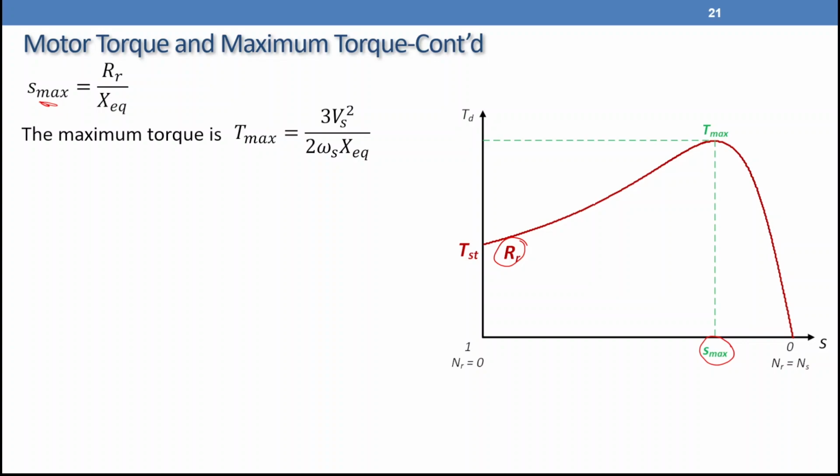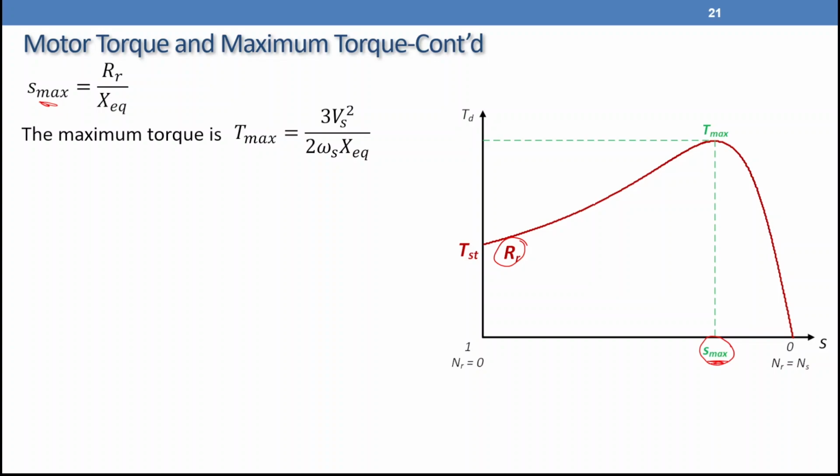Anyone notice something with the torque equation? I noticed here that the maximum torque does not depend on the rotor resistance, while the position of the maximum torque depends on the rotor resistance. So S maximum is a function of rotor resistance, but T maximum is not a function of the rotor resistance.